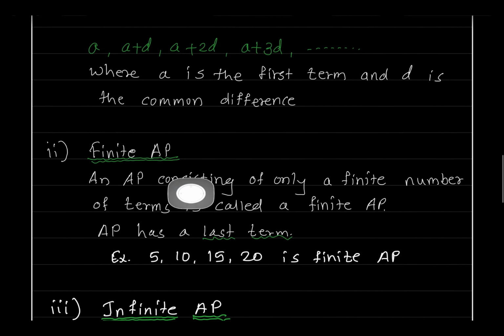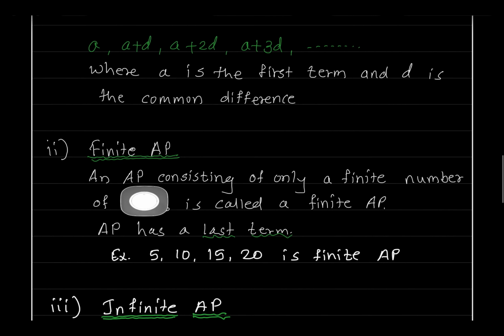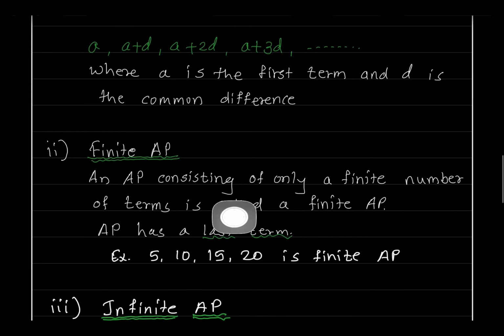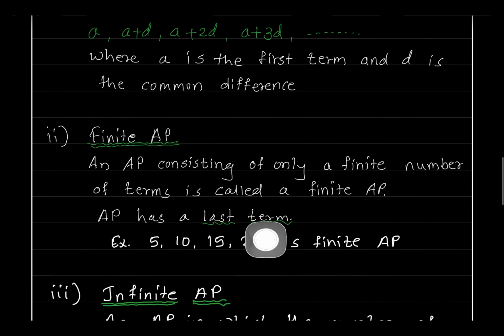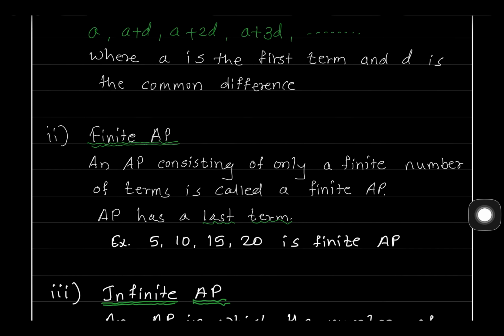Now see finite AP and infinite AP. An arithmetic progression consisting of only a finite number of terms is called a finite AP. Finite means there is an end, a last term. A finite AP has a last term.